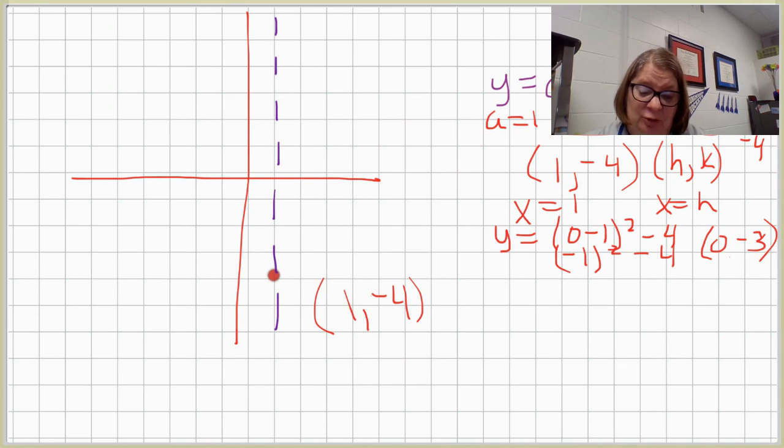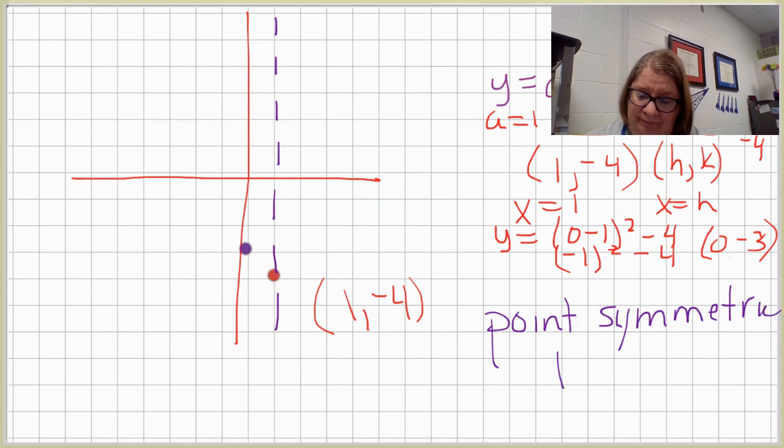If my line was straight, okay. Now, what are we looking for next? Is the point symmetric to the y-intercept? Symmetric means mirror image. This is the y-intercept.